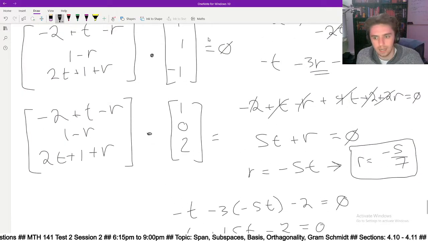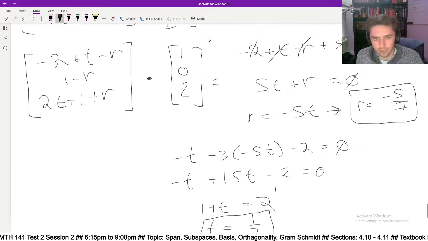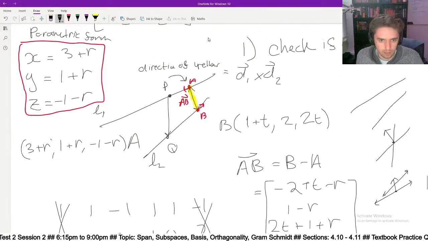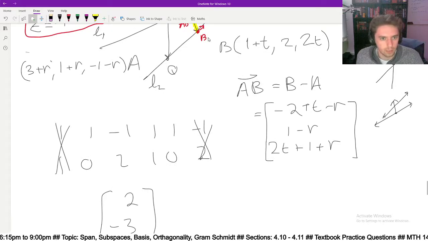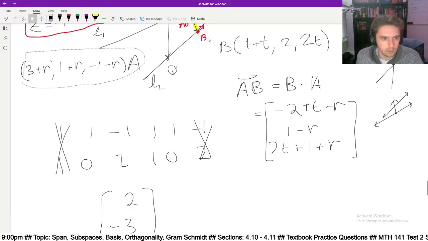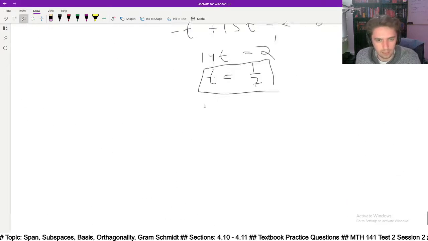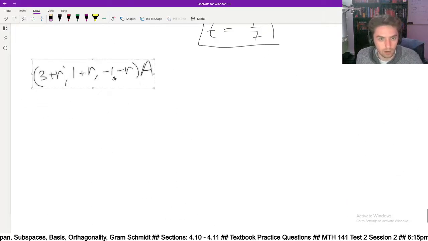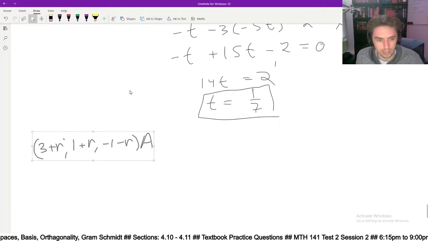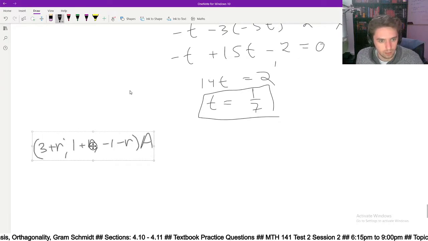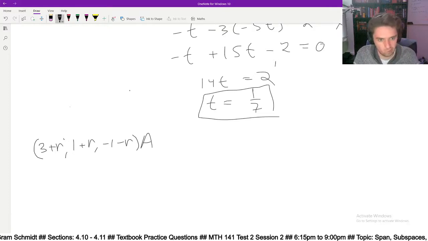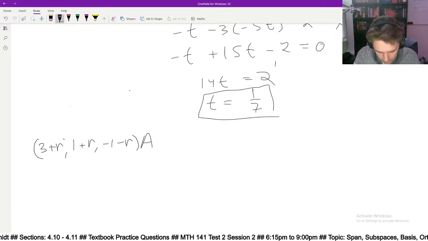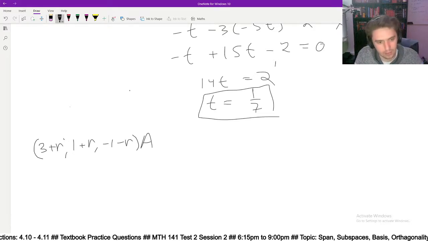So since I found this point, I can actually find the points A and B. So let's find the points A and B. So A was here. So I'll just copy this quickly. So the point A is equal to that. And since we know R now, right? Since we know R is negative 5/7, 3 minus 5/7 is 16/7.